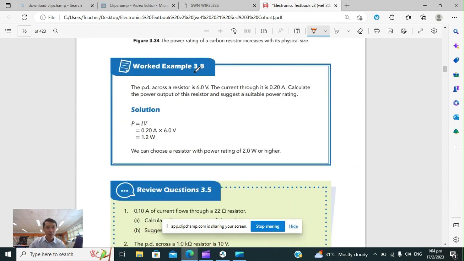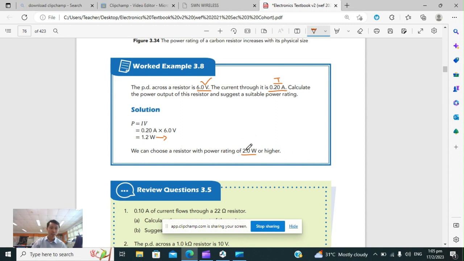For example, working example 3.8, I've got V equals 6, I equals 0.2. I remember the three formulas that I told you to remember. Since V is given and I is given, I use the formula P equals IV. I calculate and realize that the power needed for this application is 1.2 watts, and therefore I choose one that is almost double the power rating of 1.2.